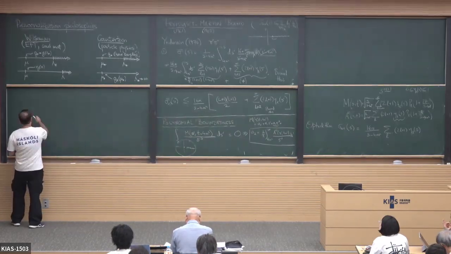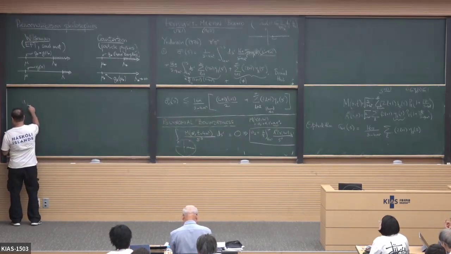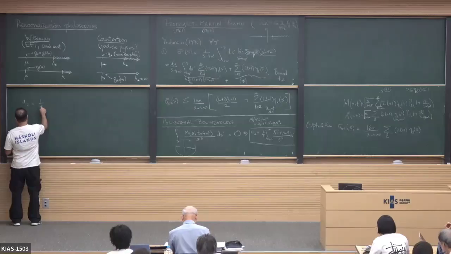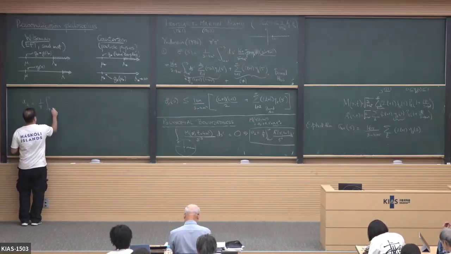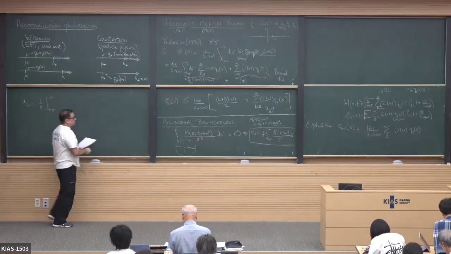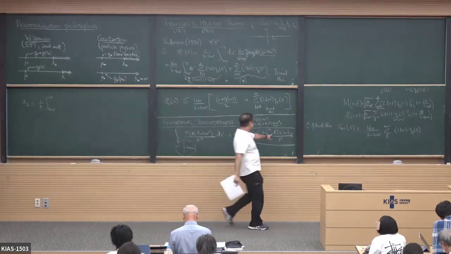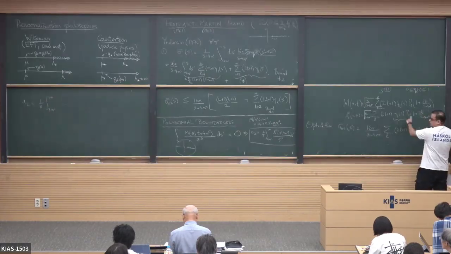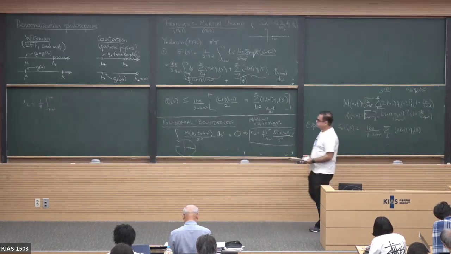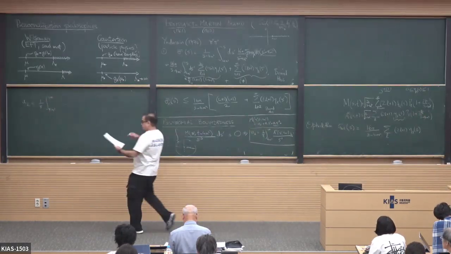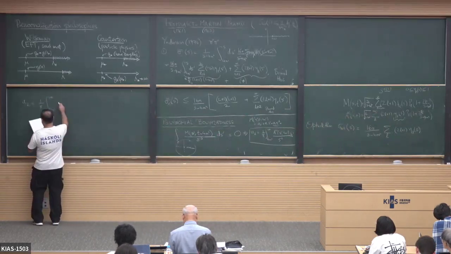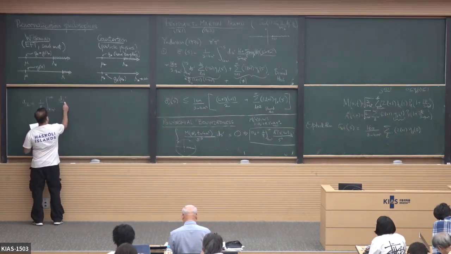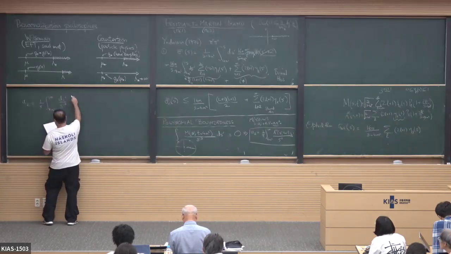Okay, so now with this A2, again you play the same game. So A2 you expand in terms of, so we know the formula for the absorptive part. So here we are going to use this formula that I've written here. So instead of actually writing out big expressions, let me just indicate what is going to happen.